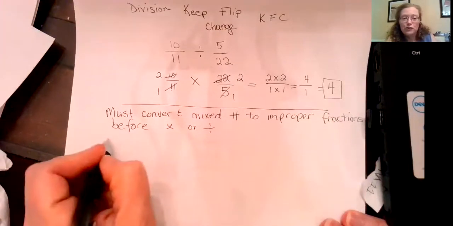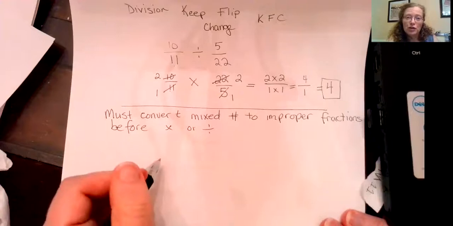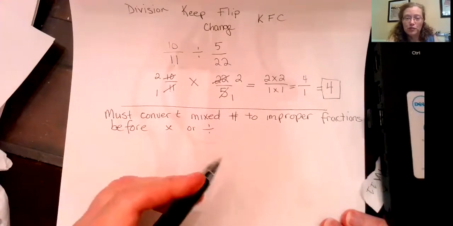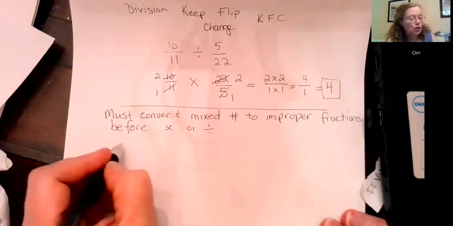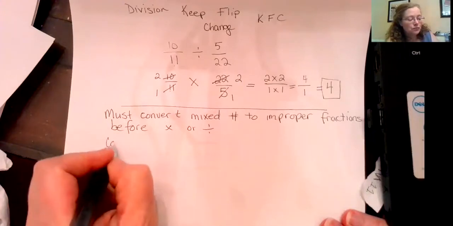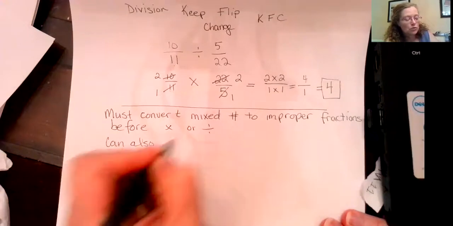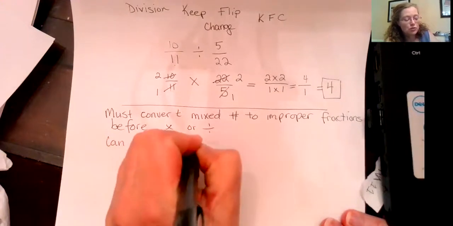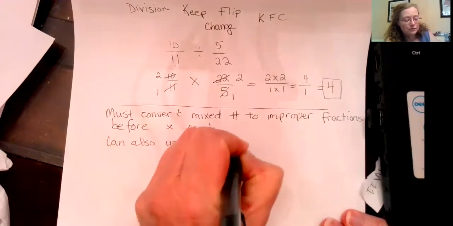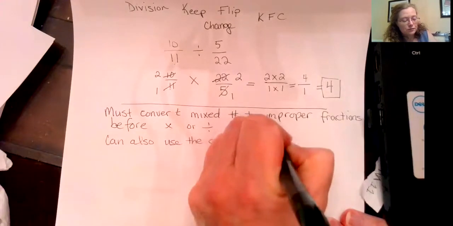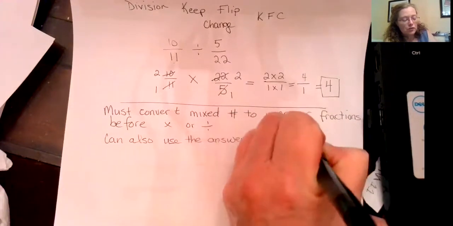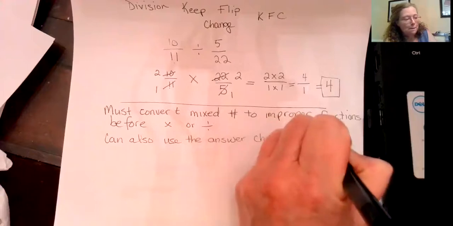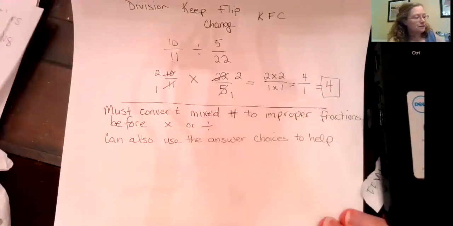You have a choice. You can work with those improper fractions and still do the simplify and multiply. You could also use the answer choices to help. So let's see what that's going to be like.